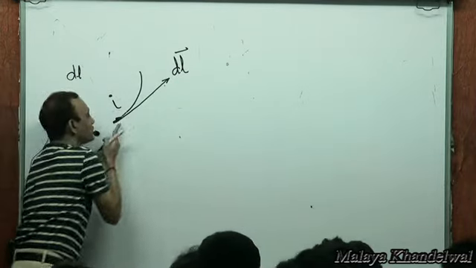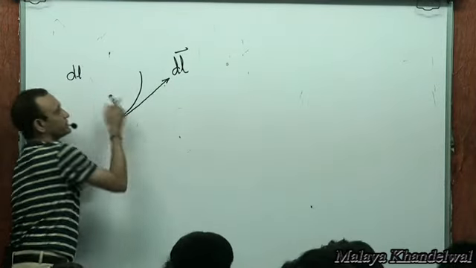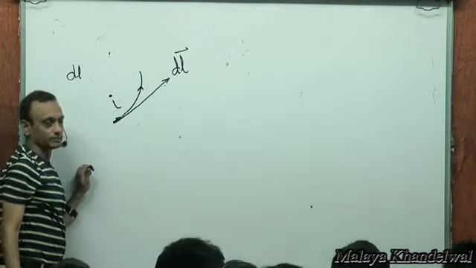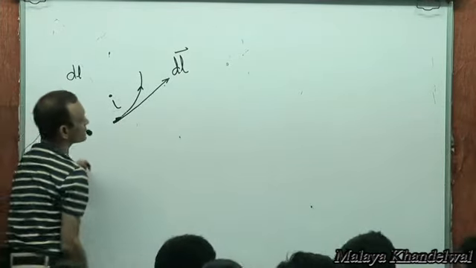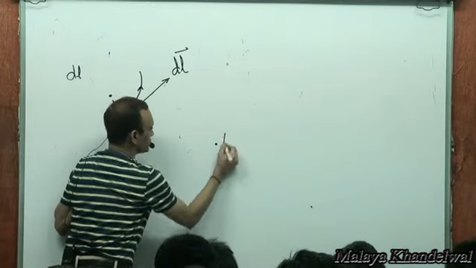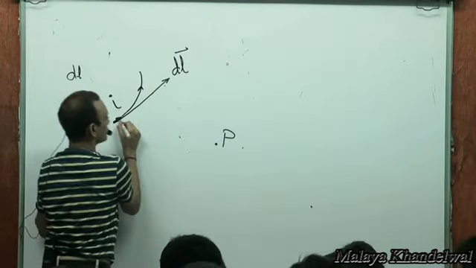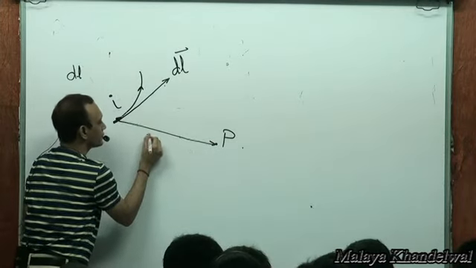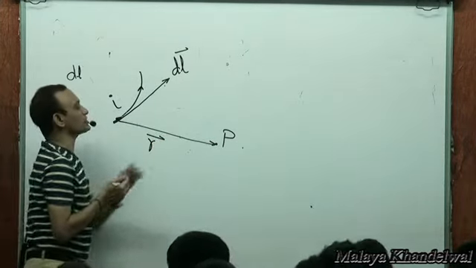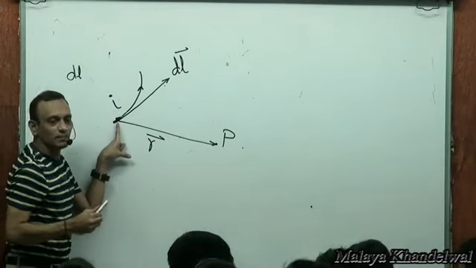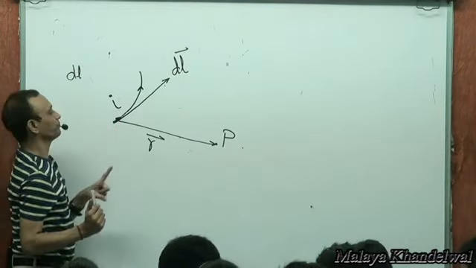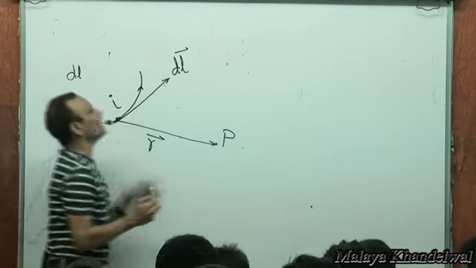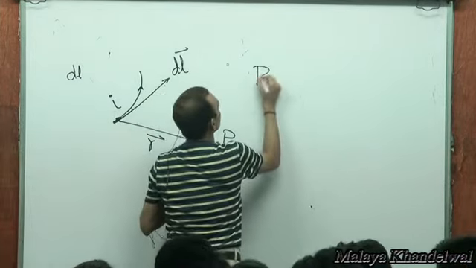The dl vector would be along the tangent to this current carrying element. Then this current carrying element at a point P, which is located by this position vector r of P as seen by this element dl, then the magnetic field produced at P because of this dl is given by what's called Biot-Savart law.